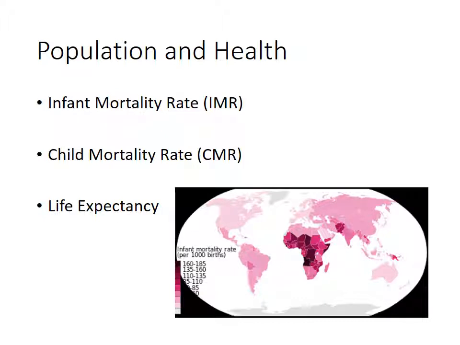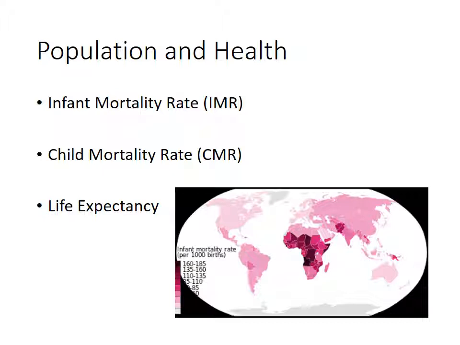Population and health, specifically epidemiology, was an important concept from Chapter 2. There were a few more demographic measures that were mentioned. The most important of these is the infant mortality rate, or the IMR. This shows you how many babies die between birth and age 1 per 1,000 live births.